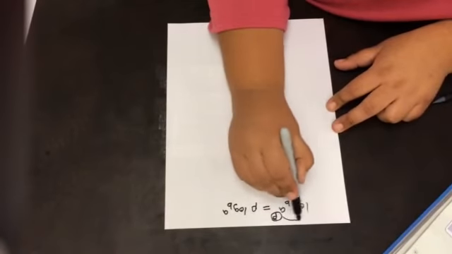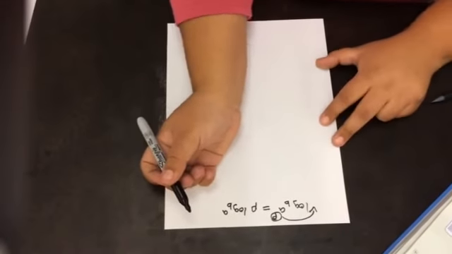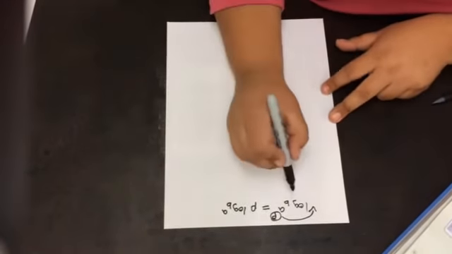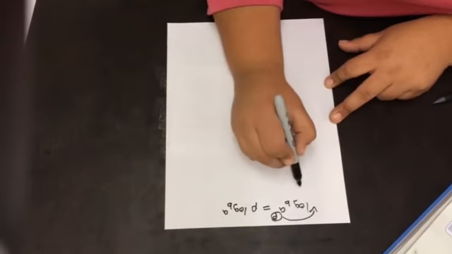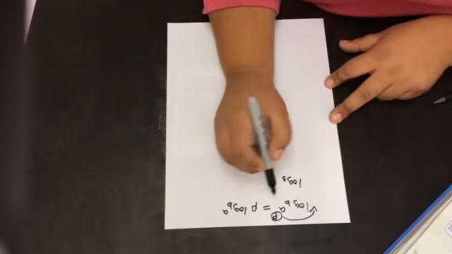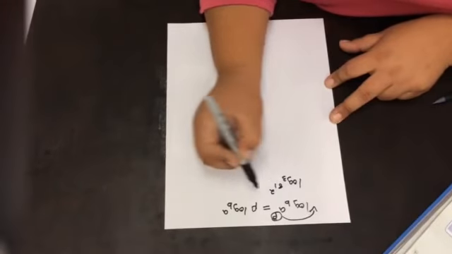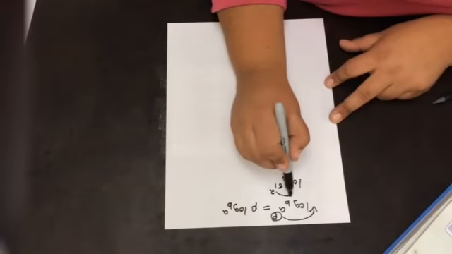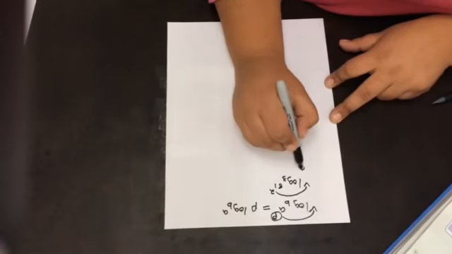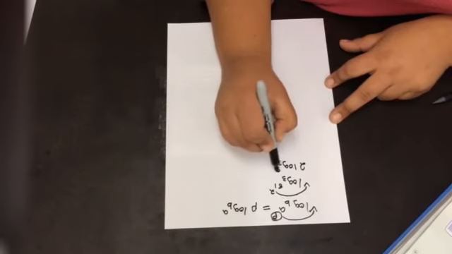You're just bringing your exponent to the front. So let's do an example. What if I have log base 3 of 81 squared? Well, if I bring my exponent to the front, this is going to be the same thing as 2 log base 3 of 81.